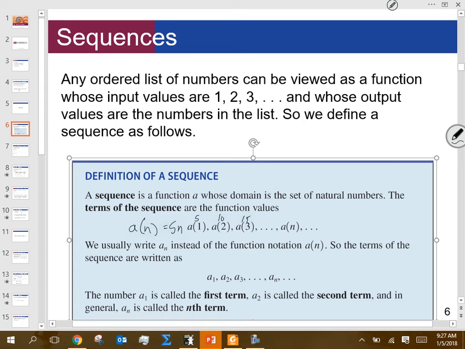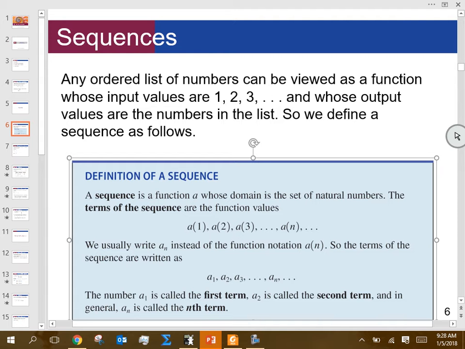Does that make sense to everybody? Now, you might like that notation, which is fine because we're pretty comfortable and familiar with functions. However, generally speaking, they never use that format. We use the subscript. So instead of saying A of 1, A of 2, A of 3, A of n, we say A sub 1, A sub 2, A sub 3, all the way through A sub n. Is that okay with everybody?